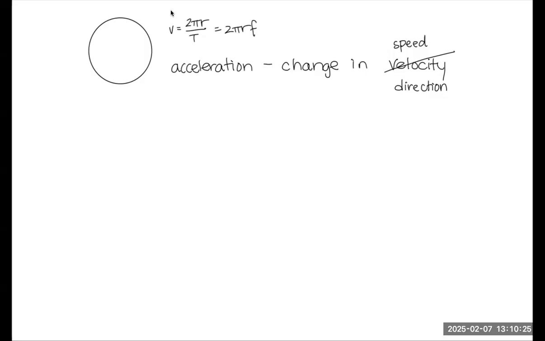So let's assume we have this object moving in a circle. We're going to assume it's going clockwise around the circle. So when it's at the top of the circle, for a split second, it's moving to the right. But immediately afterwards, what's going to happen? It's going to change its direction and move down until over here, what direction is its motion in?